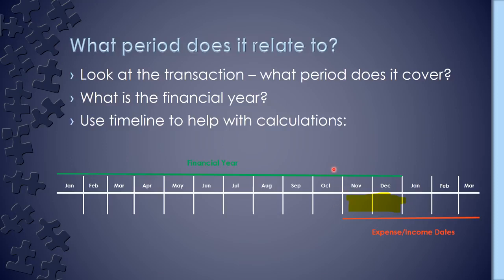By blocking this in, you could also see the relevant months and the months that are outside the financial year. As we go forward into some examples, hopefully you'll be able to see how this timeline works, because I've put a timeline in all of the questions, so you'll see how this relates.